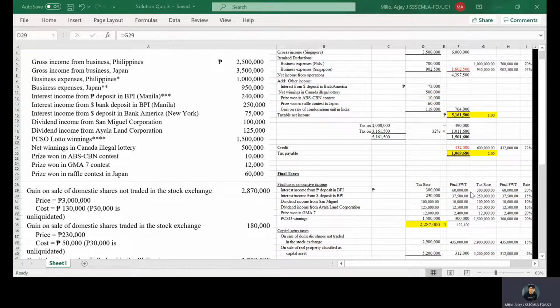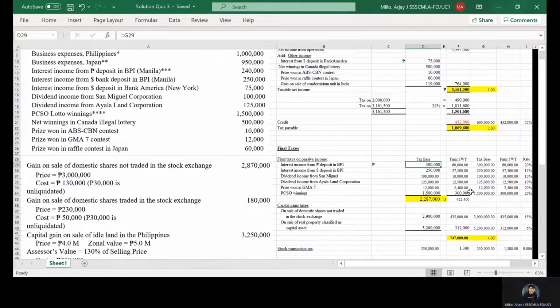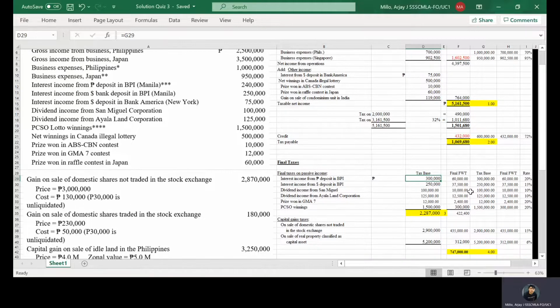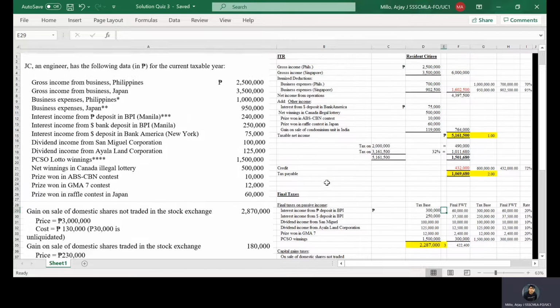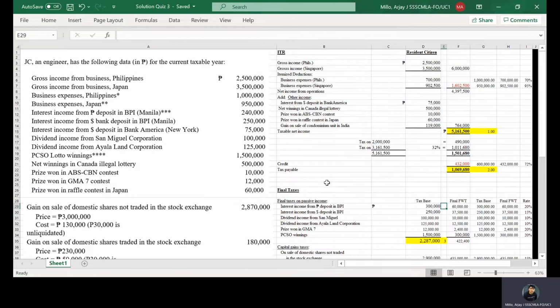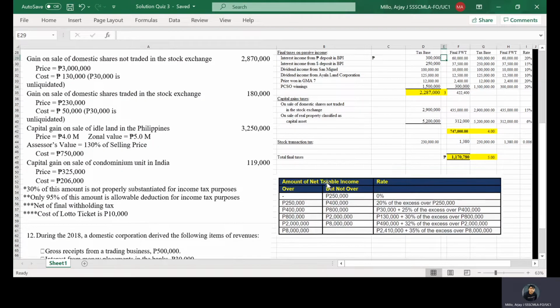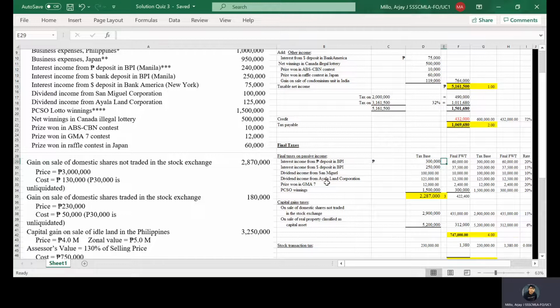So ano-ano yung mga passive income natin subject sa final withholding tax. So una dyan, yung interest income in peso deposit in BPI. So ang sabi sa problem, yung 240,000 daw na interest income from peso deposit is already net of final withholding tax. Anong meaning nun?